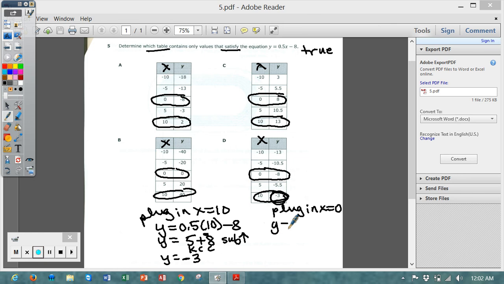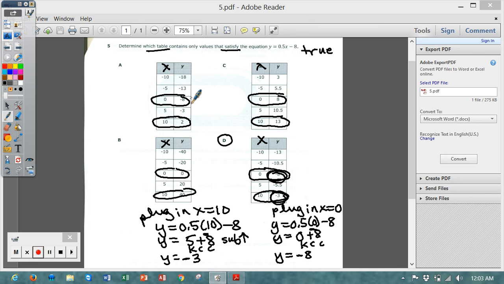So y equals 0.5 times 0 minus 8. Anything times 0 is 0, and 0 minus 8 would be negative 8, or you could think to yourself, keep, change. 0 plus negative 8 would be negative 8. So here we've got a negative 8. So D is the right answer.